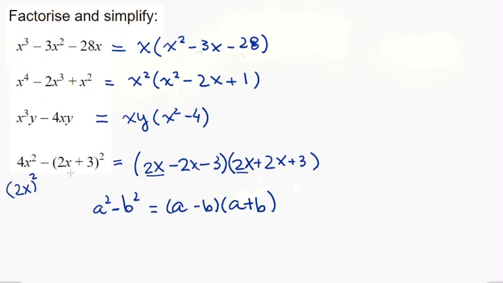Our b was 2x plus 3. So minus b would be minus 2x minus 3. The negative sign will change all the signs. And plus b was simply plus 2x plus 3. So we have this, right?